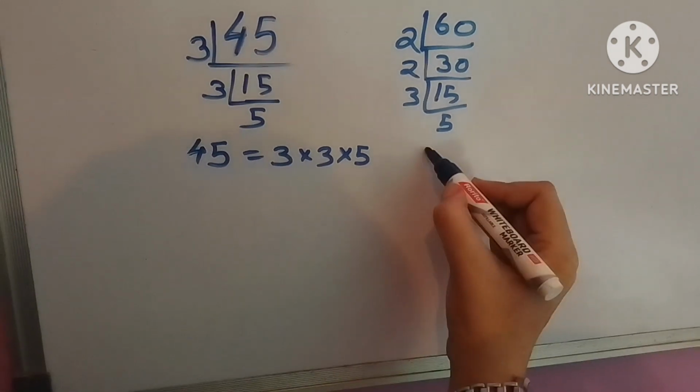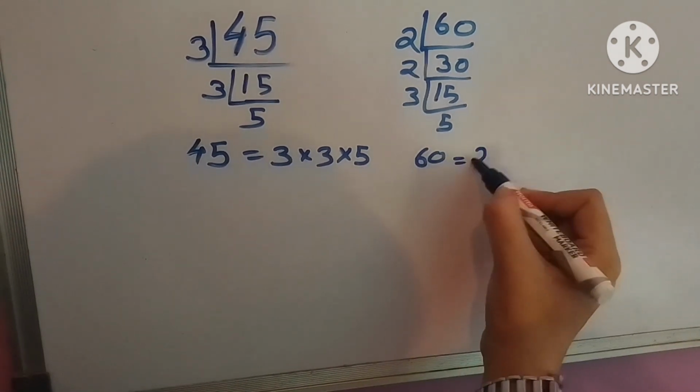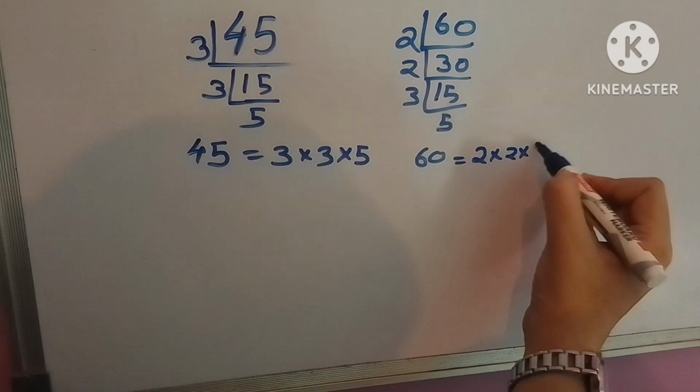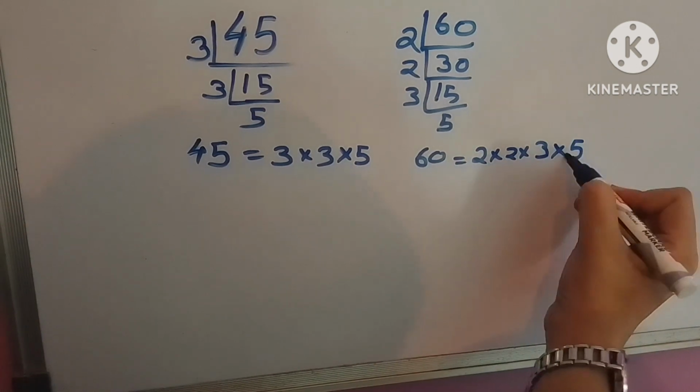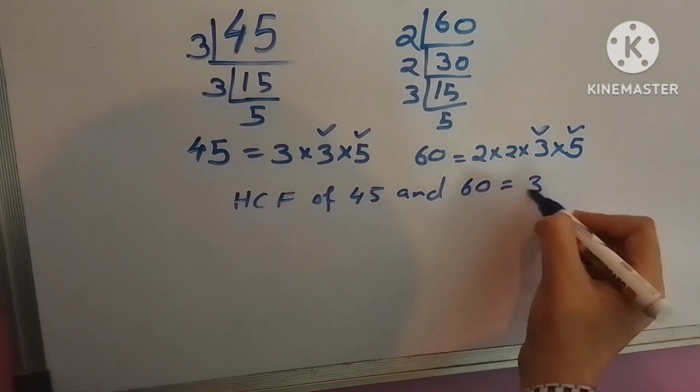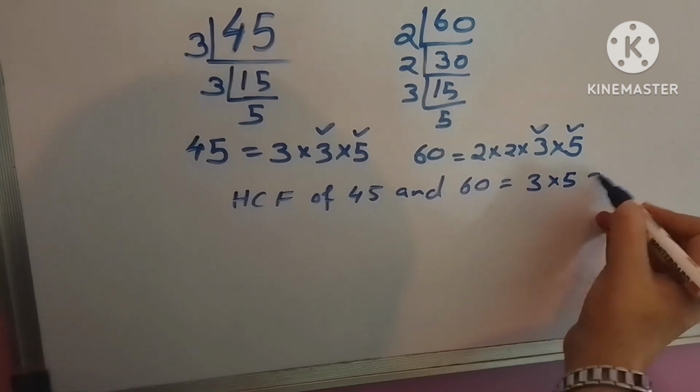Here you can see that the common factors of both the terms are 3 and 5. So the highest common factor of 45 and 60 will be 3 into 5, means 15.